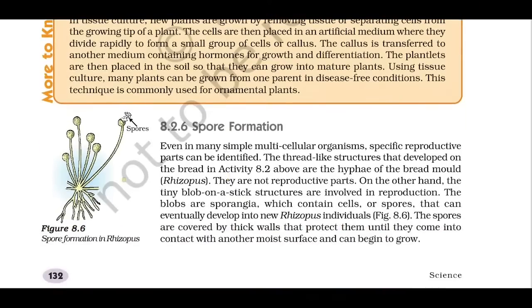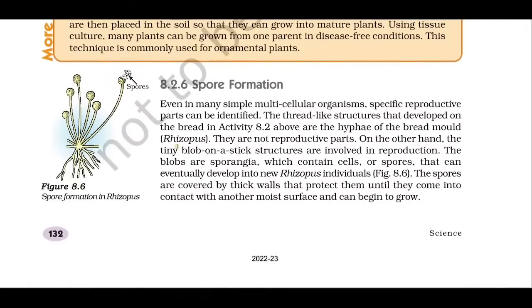The next type of asexual reproduction is spore formation. In many multicellular organisms, specific reproductive parts can be identified. The thread-like structures that develop on bread, you might have observed in bread mold, right? These tiny blob-like structures on the stalk are involved in reproduction.